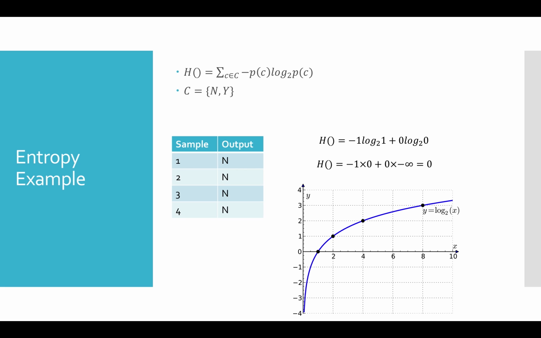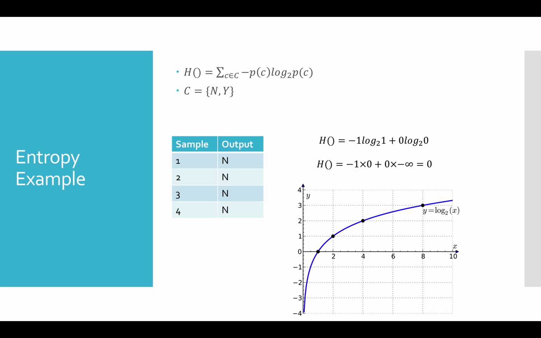Well, we never say yes. We always say no. So the probability of yes is going to be 0. So it's going to be 0 times log 0. Okay? What does that reduce to? It reduces to -1 times 0 plus 0 times -infinity. 0 times -infinity is going to be 0. Okay? The 0 always wins. So the entropy in this case is 0.